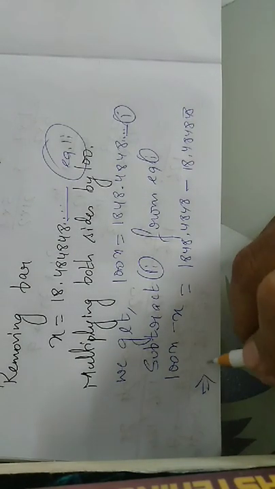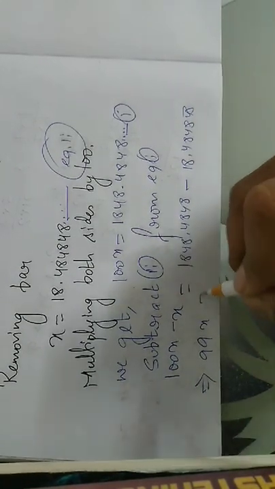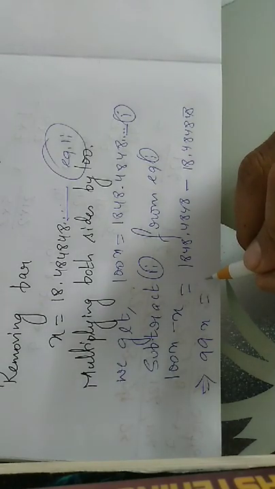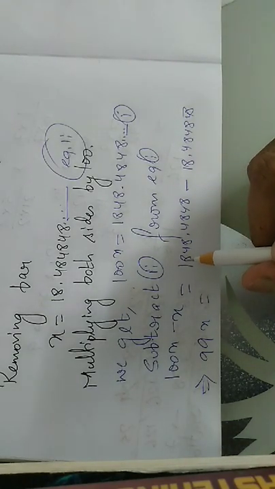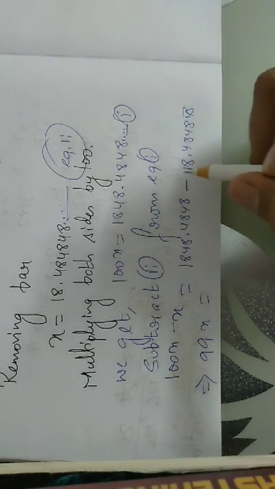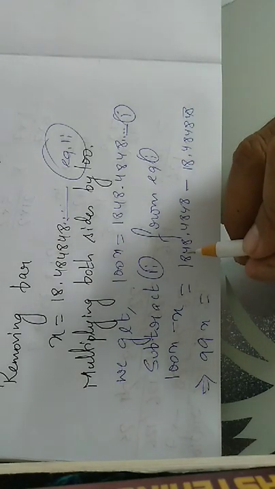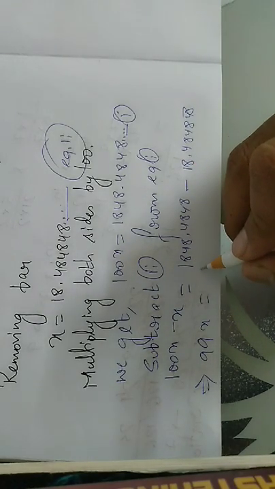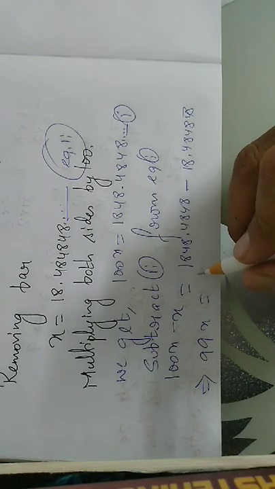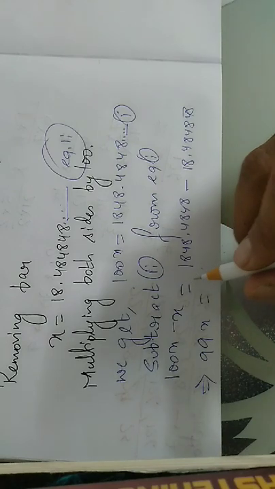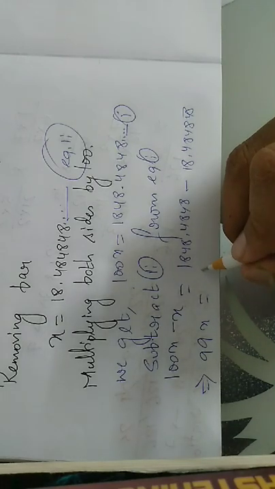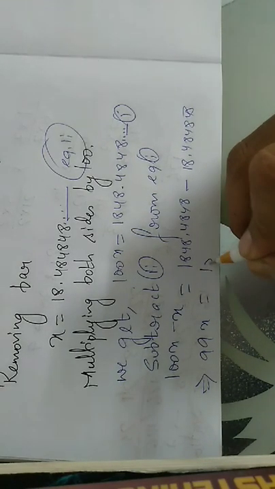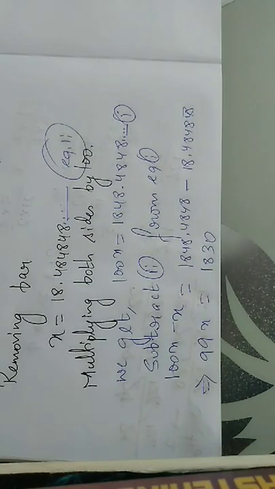So 99x is equal to 1848 minus only 18.48. So this gives you a total of 1830.